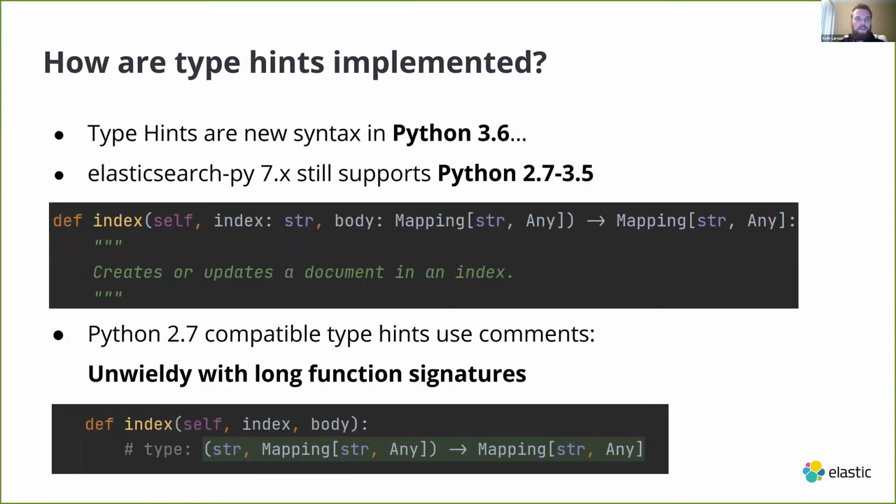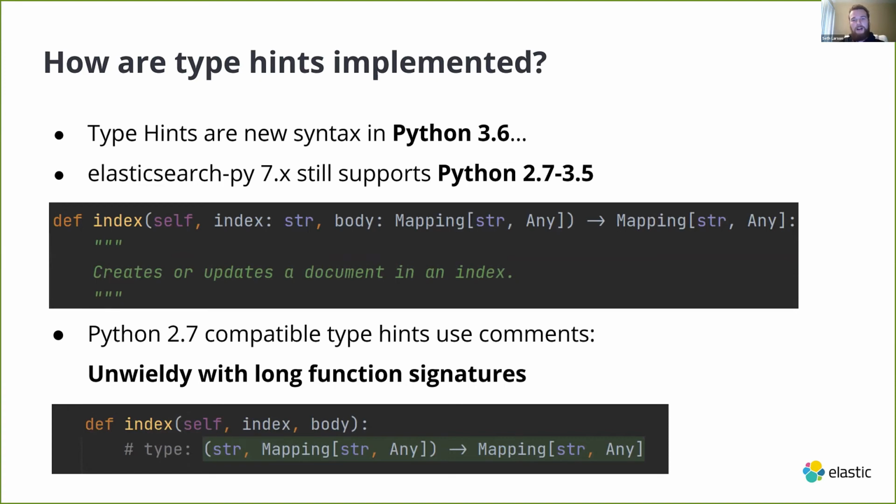So how do we implement these type hints? They're new syntax in Python 3.6, and obviously we still support Python 2.7 through 3.5 on Elasticsearch 7.x. You can see the new syntax here in the picture. Next to index and body, we have a colon along with a type.